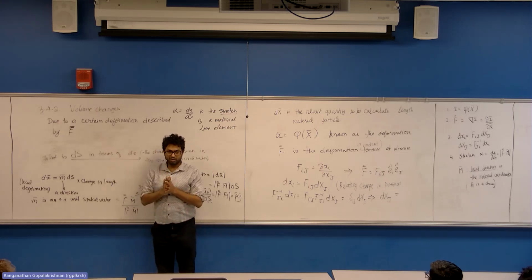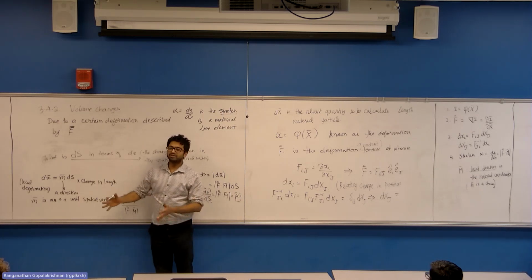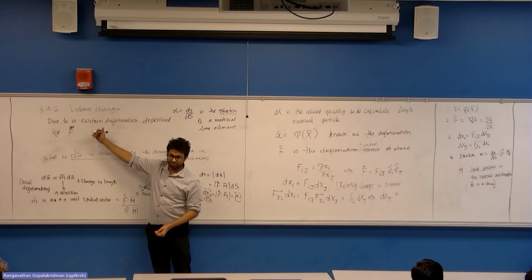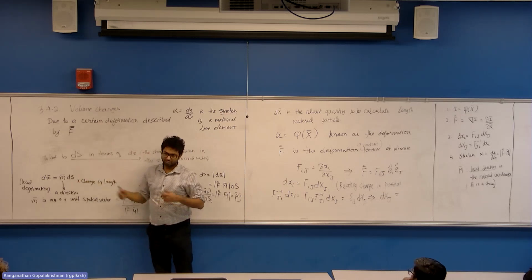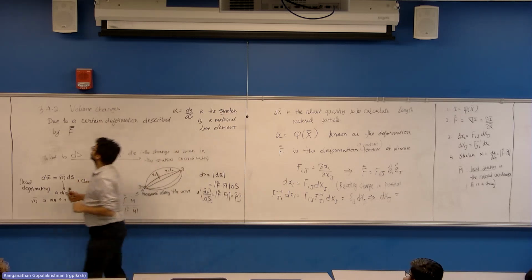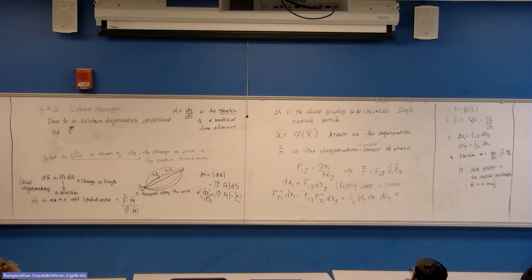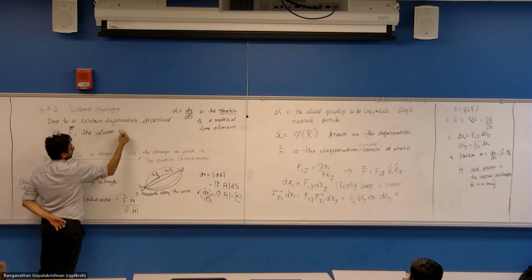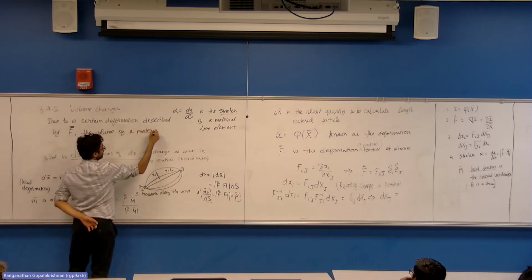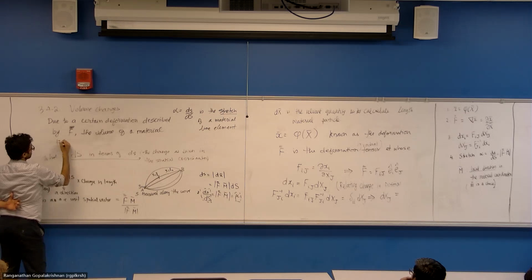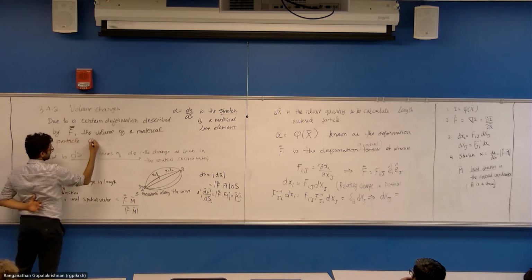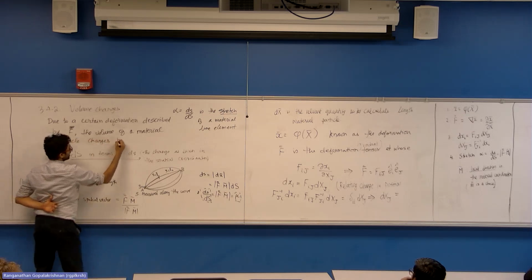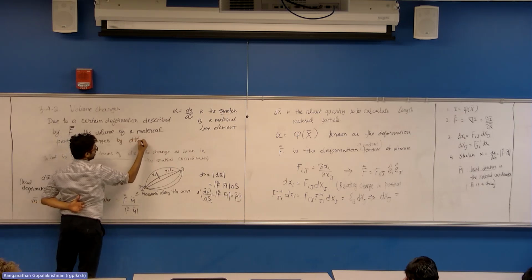What we don't talk about is how F is actually affected. What is the loading? We make no reference to that. We just say here is a deformation given by F until the next unit where we talk about loading. Okay. So due to a certain deformation described by F, the volume of a material point or a material particle changes by dV naught.